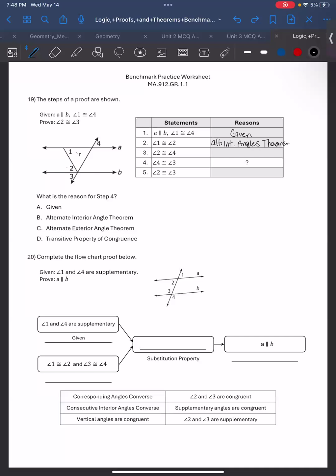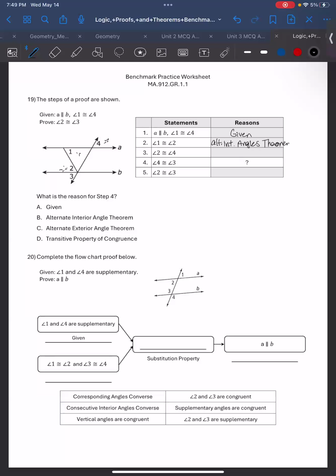Now, 2 and 4. 2 and 4 are what? Transitive? Yeah, transitive. Why are we saying transitive? You said exterior. Alternate exterior. Okay, so Ty says alternate exterior. Oh wait, no, sorry, that's wrong.